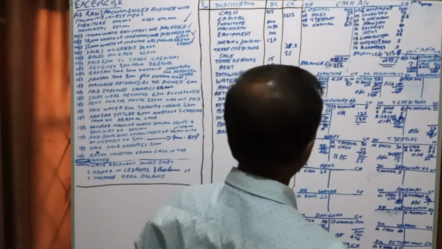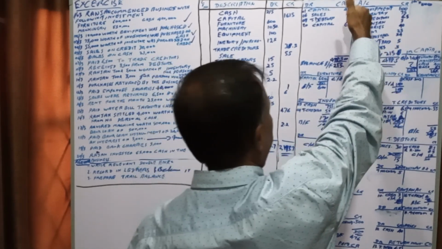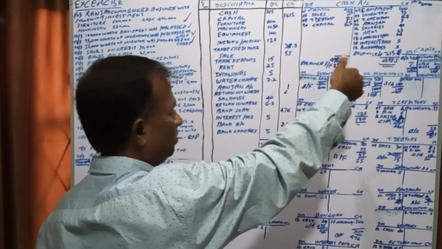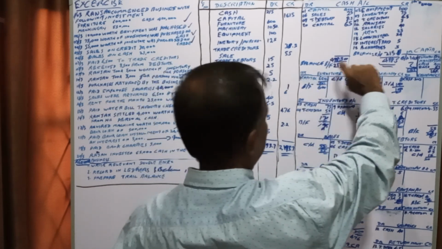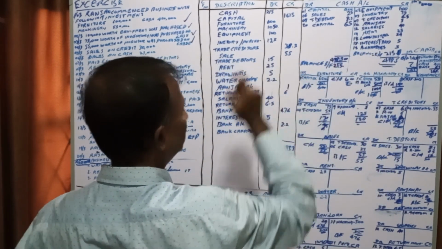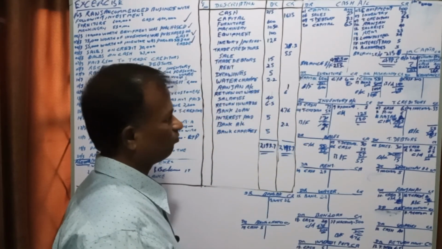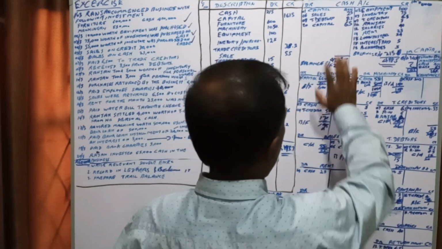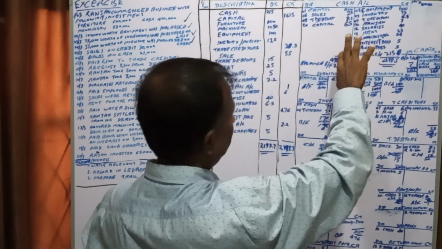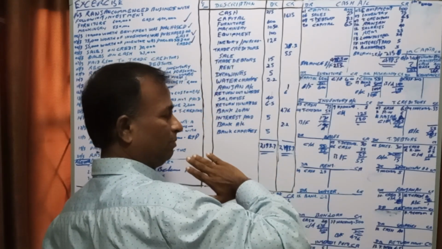If you make a casting difference, a mistake in addition or casting the account, that also will reflect in the trial balance. And when you are making the double entry, one is debit, one is credit.